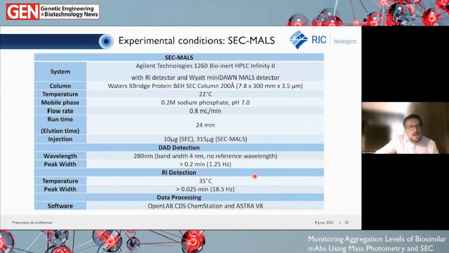So you can see how this particular experimental setup took place. The injection mass, which is something I'll come back to for SEC, was micrograms of material being loaded, and the UV detection was with a diode array detector, using a detection wavelength of 280 nanometers. So we're looking at the absorption of tyrosine and tryptophan amino acids within a protein.